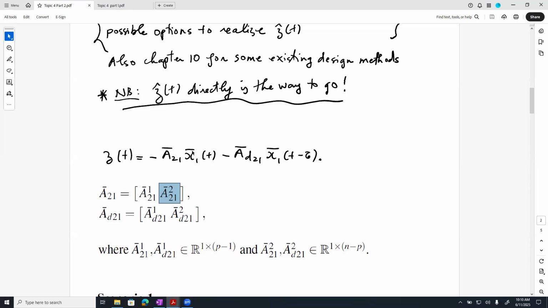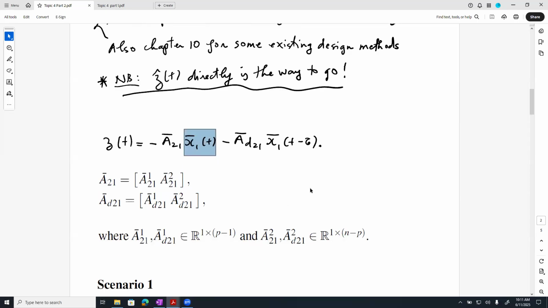The reason is that the first part contains the output measurements, y bar of t. And therefore, this sub row matrix is associated with the unmeasurable variables related to the stack vector x bar 1 of t. Okay, so the same thing for this row matrix.